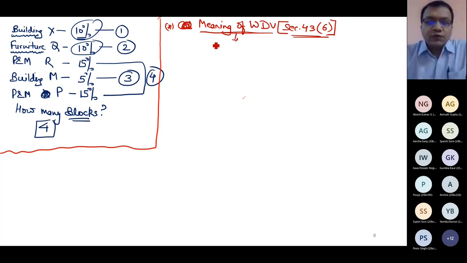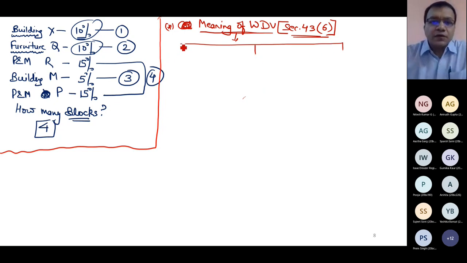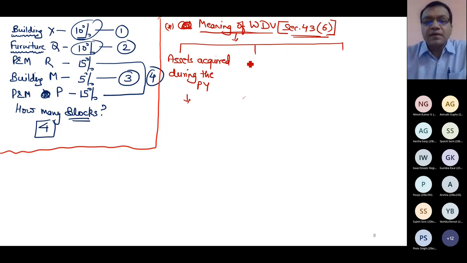So there are 3 different categories of WDV. For those assets which are acquired during the previous year. What is my previous year? 2021. So for those assets, what is WDV?